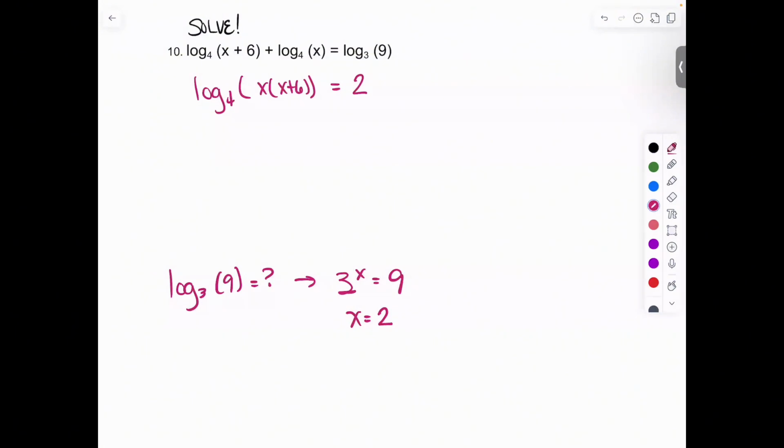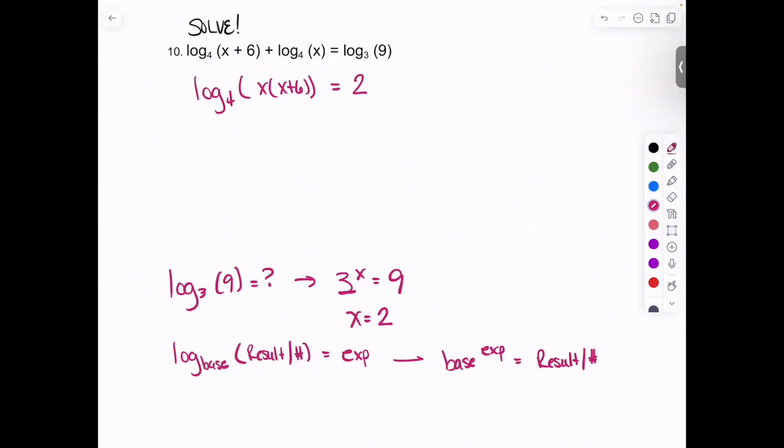We know we have a log to a base gives me a number, I call it result. That number is going to give me my exponent, right? And in the exponent world, we have a base to an exponent that gives us a result, or a number, right?